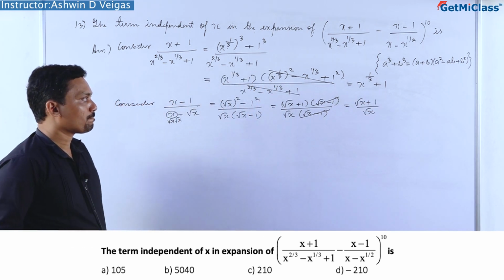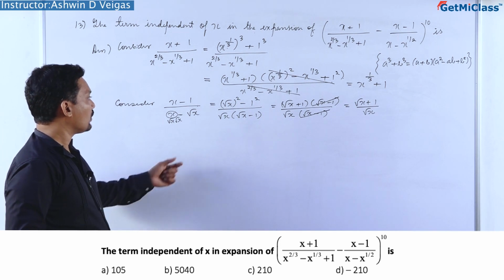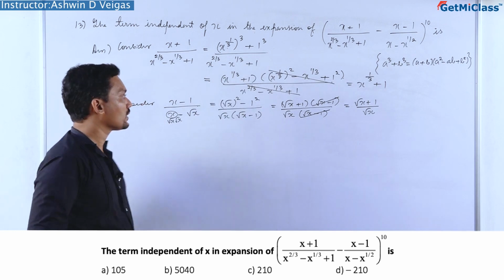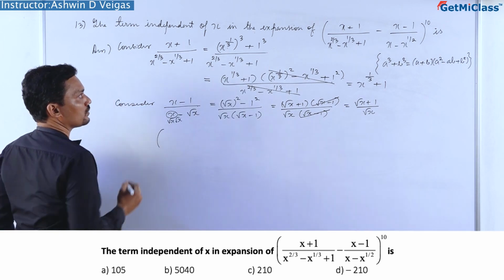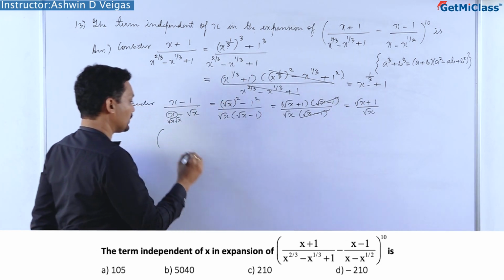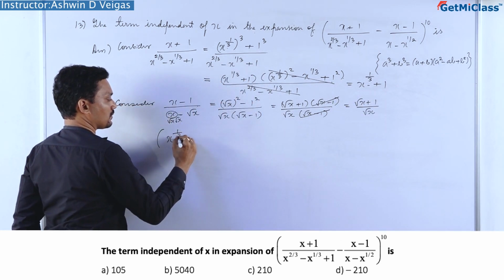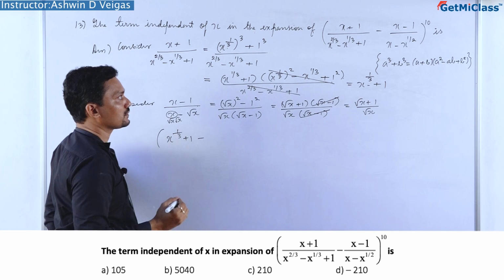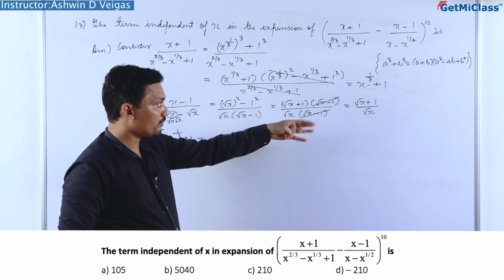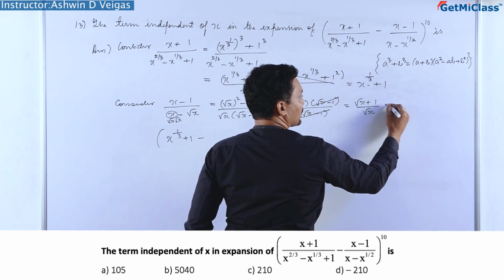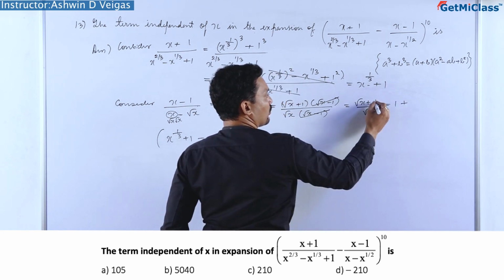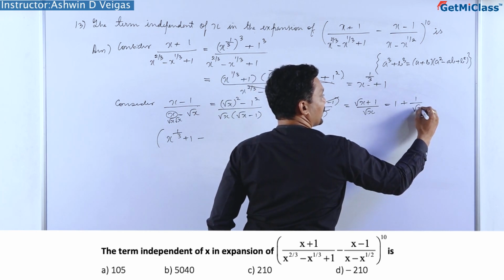Now we can substitute there. In the place of this I am going to write x power 1 by 3 plus 1, minus, in the place of this, I will do one step of simplification. This I will write as root x by root x, that is 1, plus 1 by root x. I will split and write.